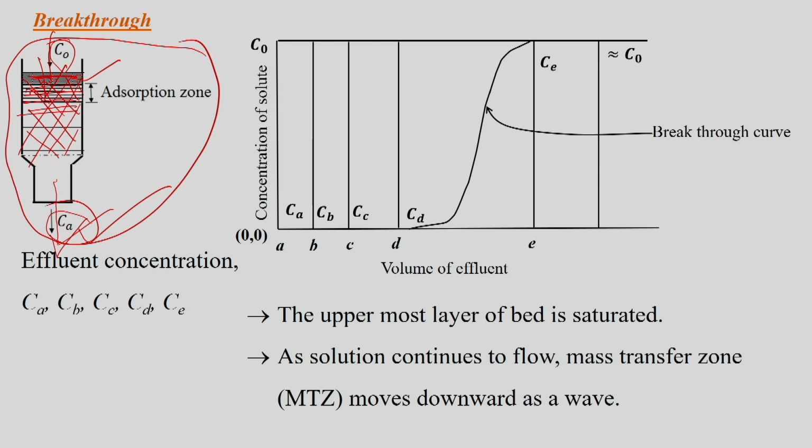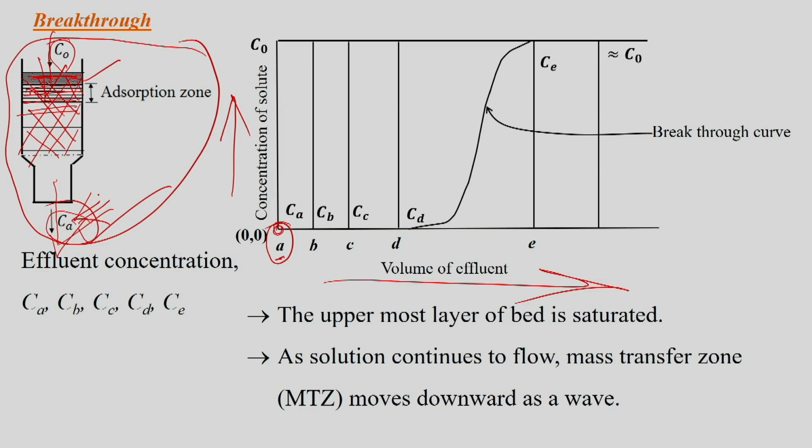This is designated here in terms of the volume of effluent versus concentration of the solute on this axis. At situation A, at the beginning, the concentration of the solute is 0, because there is no target component or adsorbate in this effluent.